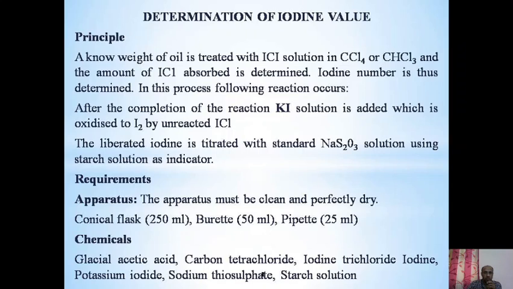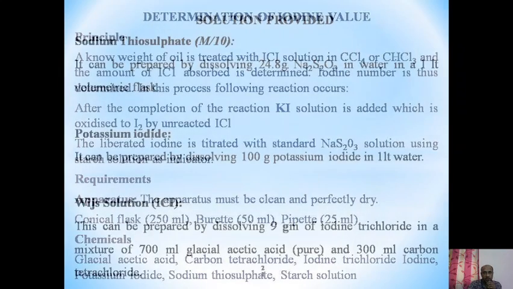That's why the apparatus used for this titration should be cleaned and free from any impurities, like a 250 ml conical flask, a 50 ml burette, and a 25 ml pipette. The chemicals required are glacial acetic acid, carbon tetrachloride, iodine trichloride, potassium iodide, sodium thiosulfate, and starch solution as an indicator.